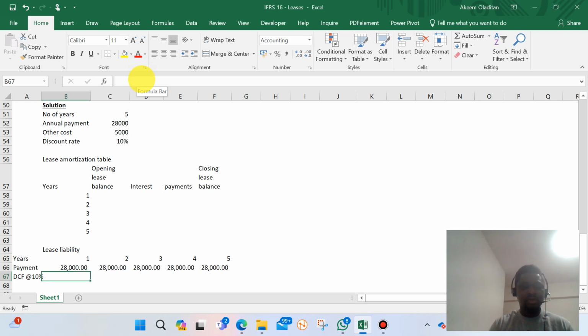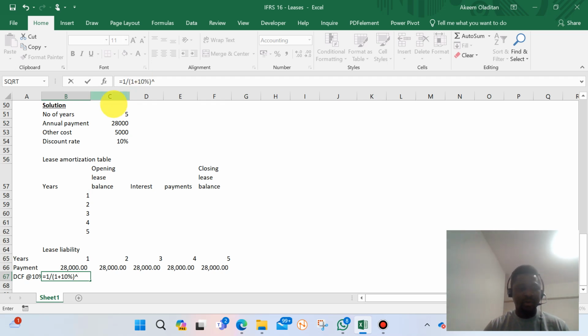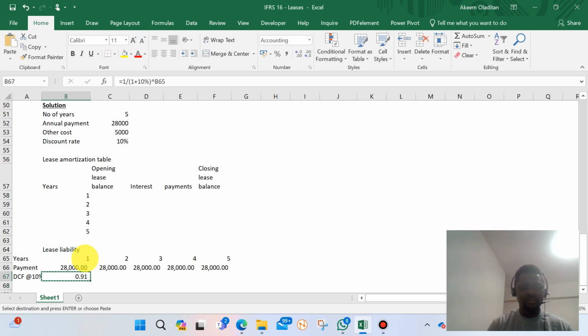So when we look at 10%, you know how that is done. We'll say 1 divided by, into bracket, 1 plus, what is the interest rate? 10%. Close the bracket, raised to power 1, which is the first year. So copy that down.